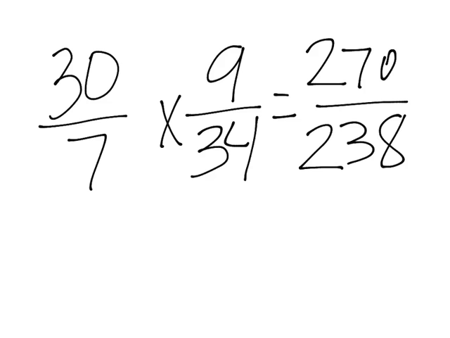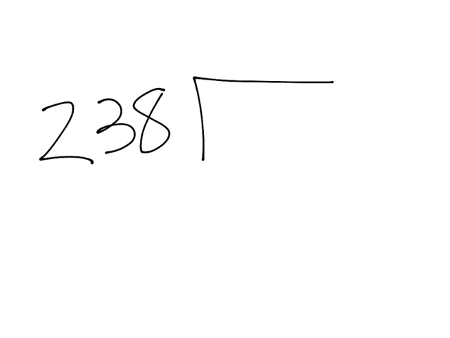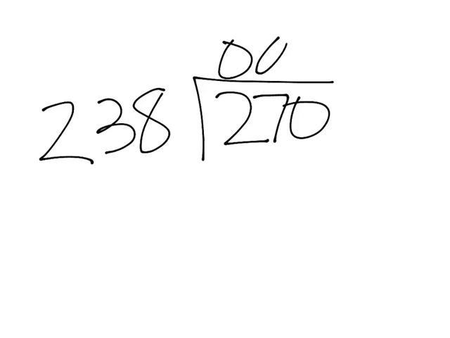Okay, so now we notice that we have an improper fraction because our numerator is larger than our denominator. So now we'll need to convert this to a mixed number, and we simply do that by dividing. So we want to see how many times 238 can go into 270 without going over. And that'll be 1 time.